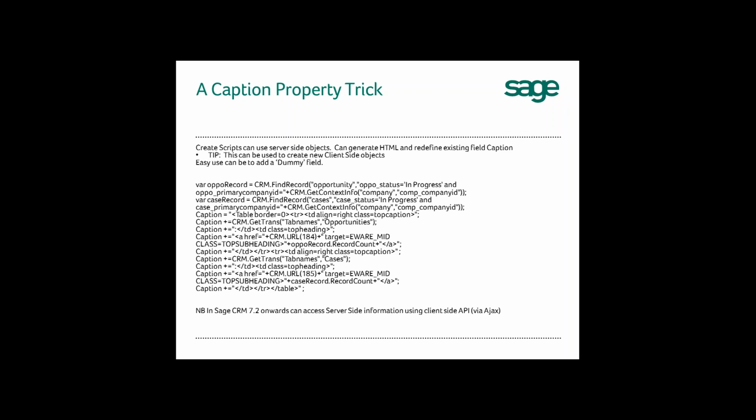All this behavior, looking into the database, finding data, could actually be done by the client-side API AJAX mechanism. So that's a very simple way to retrieve information. Even getting hold of the correct translations and building the correct URL paths, all can be done by using methods within the client-side API.